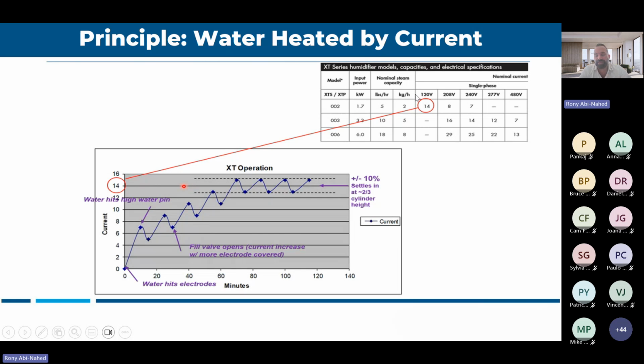The downside of this unit is that you don't get precision out of it. You're always fluctuating plus or minus 10% the whole time because the unit is always trying to drain, refill, and build up enough scale, enough conductivity, to start giving you steam. Where is it a good application? These units are good for comfort humidification.